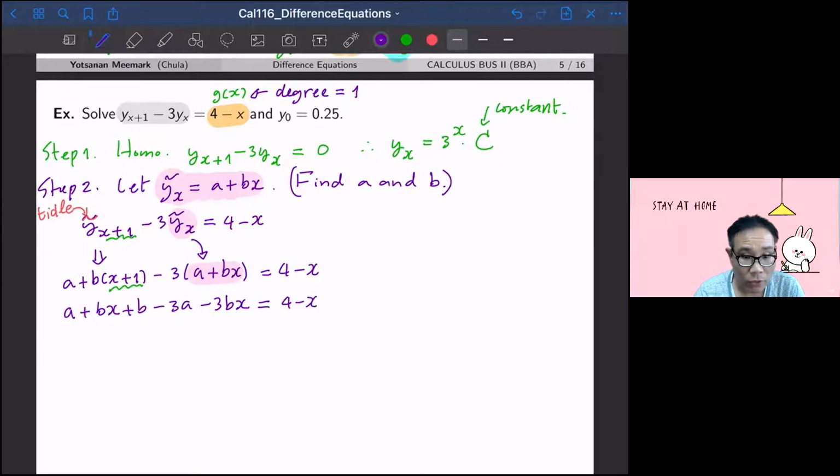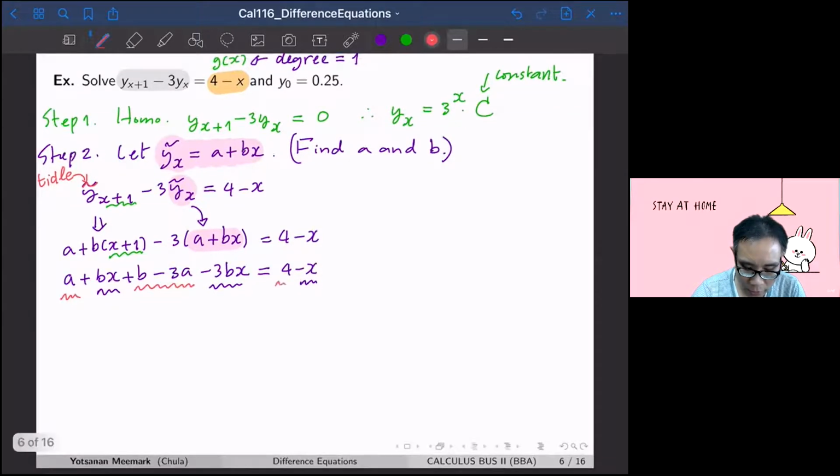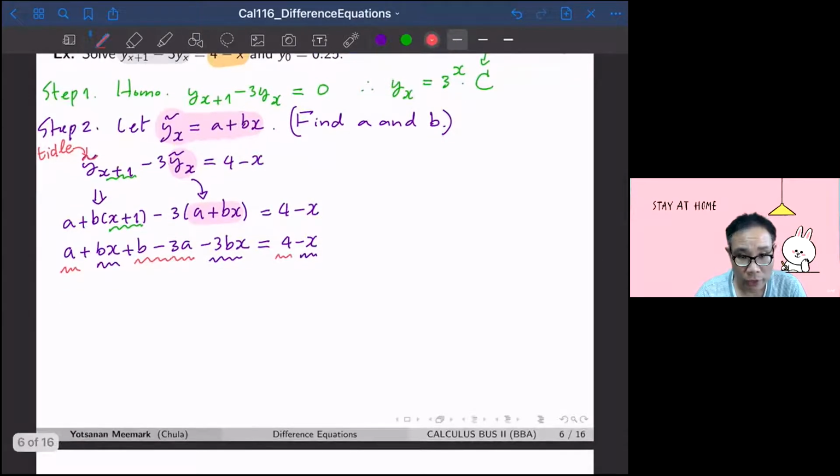You see that you're gonna have the term with x and the term without x. So you're gonna conclude that a plus b minus 3a, so it's gonna be minus 2a plus b, equal to 4.